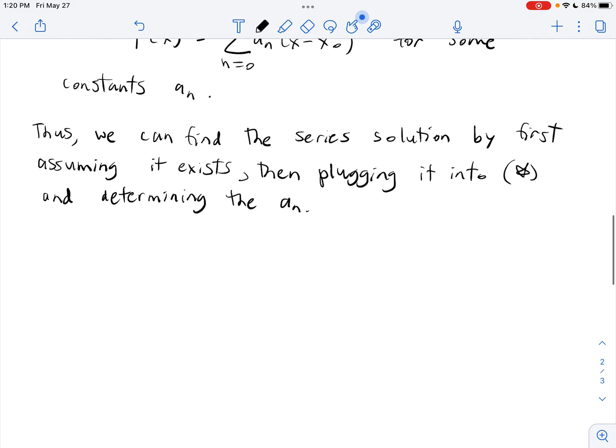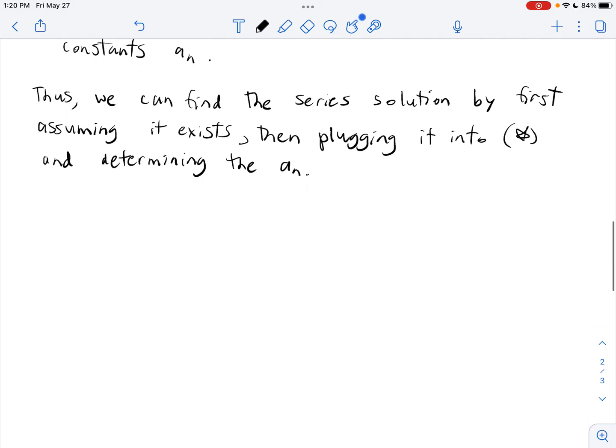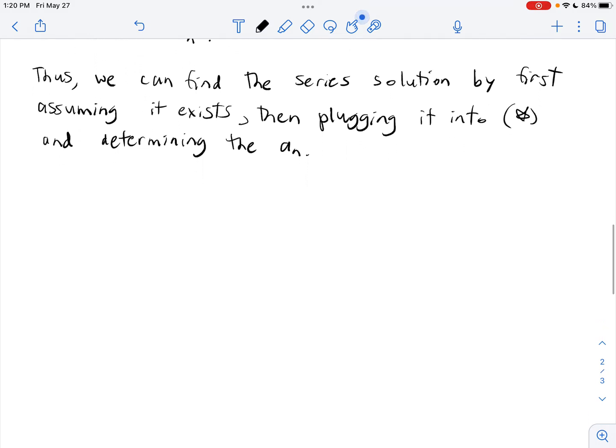So I would like to write out a detailed step-by-step for how you solve the differential equation using a series. So let's write this out.